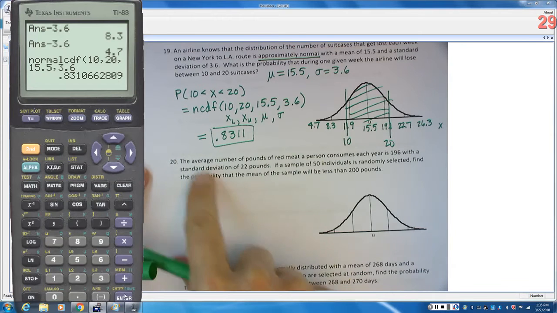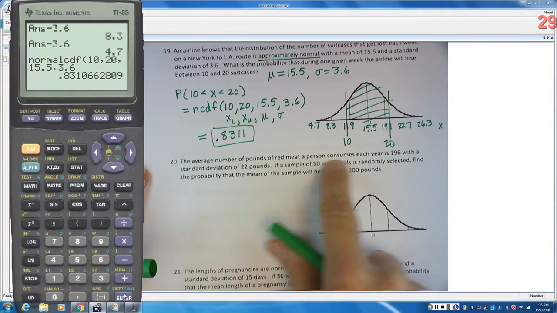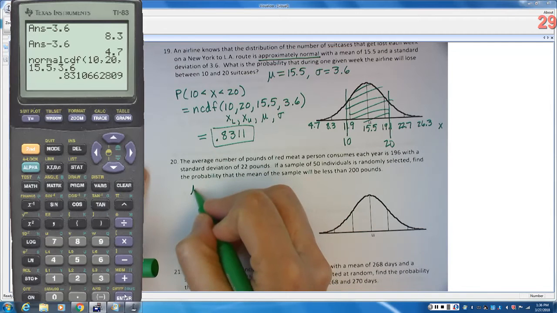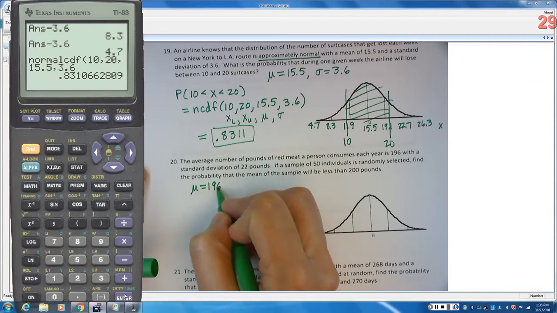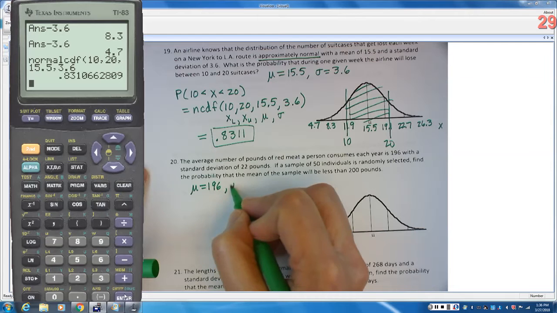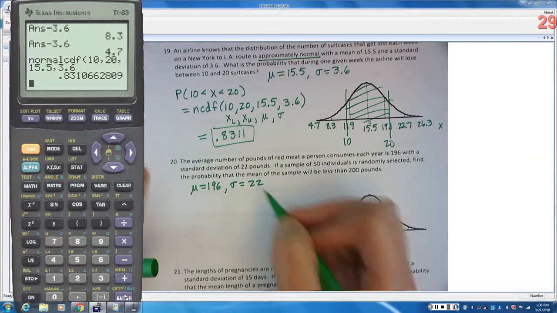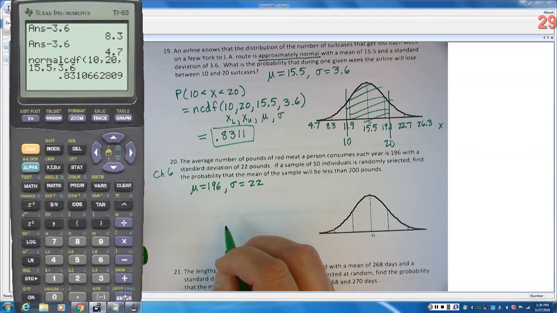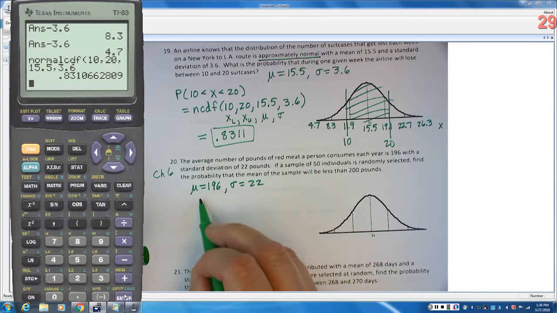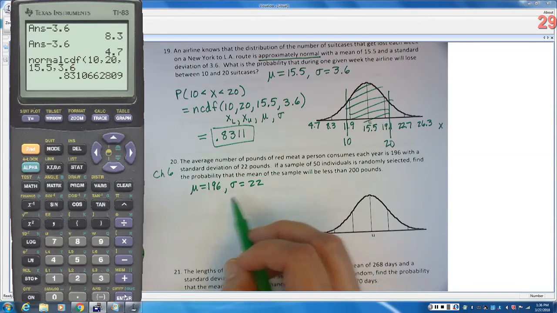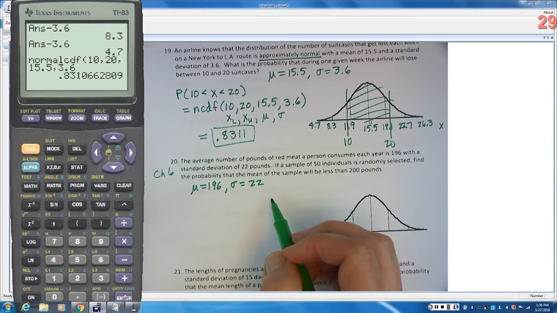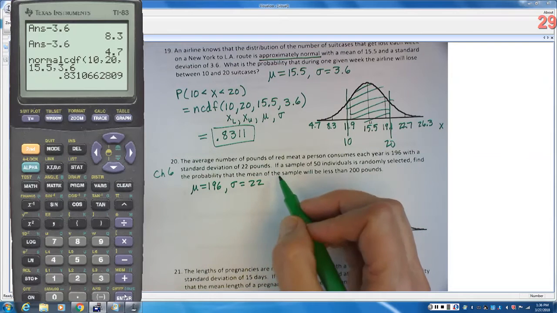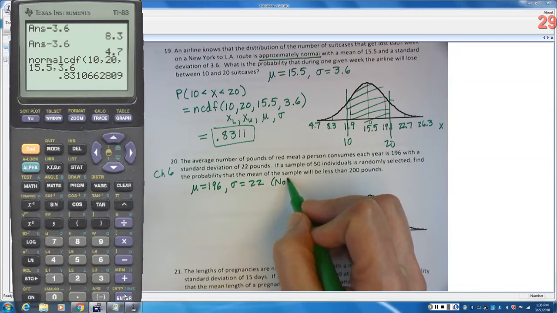The average number of pounds of red meat a person consumes each year is 196, so mu is 196 with a standard deviation sigma of 22 pounds. We're given the mean and the population information. It didn't say this was normal, so this was not normal.